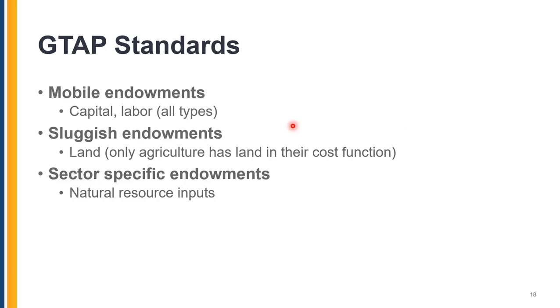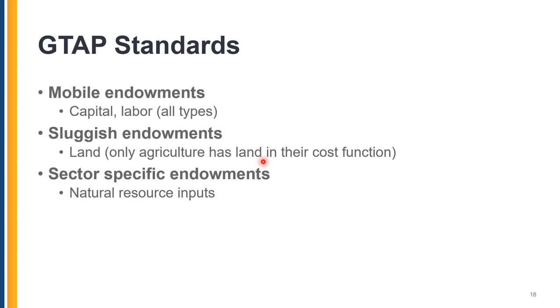Okay, not to get too deep into closures, just to remind you of something I've already said. If you take GTAP off the shelf and use the closure as provided, the mobile endowments will be capital and labor, and there could be several different types of labor. Sluggish endowments: land. Only agriculture actually has land, right?